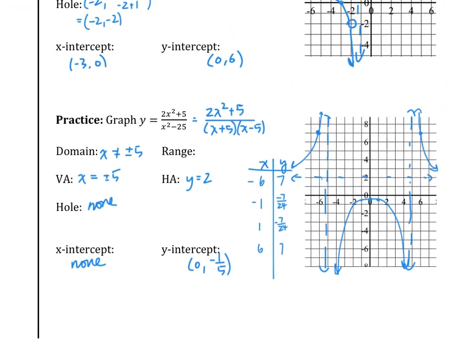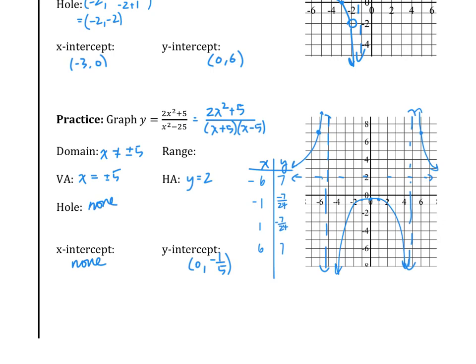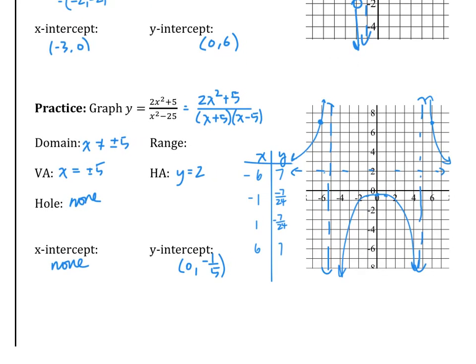All right, so please take a look at your graph. Once you put in the vertical asymptote and the horizontal asymptote and the y-intercept, there's just not much to figure out how this graph looks. So you do want to put in a few points.